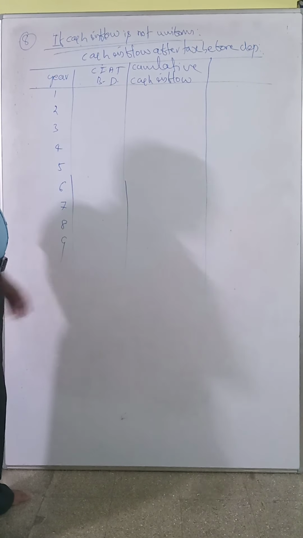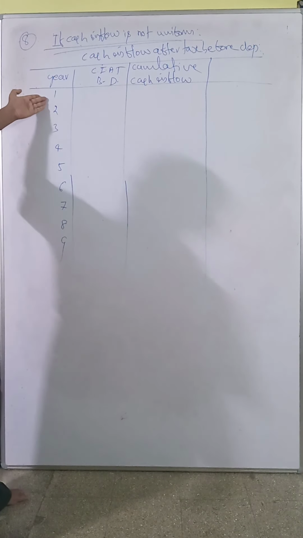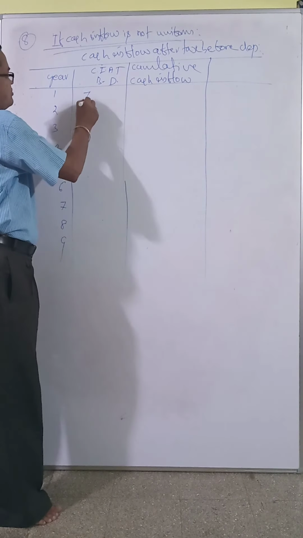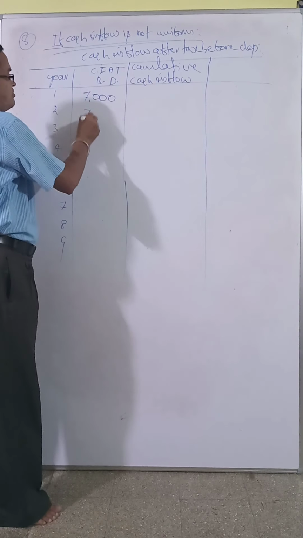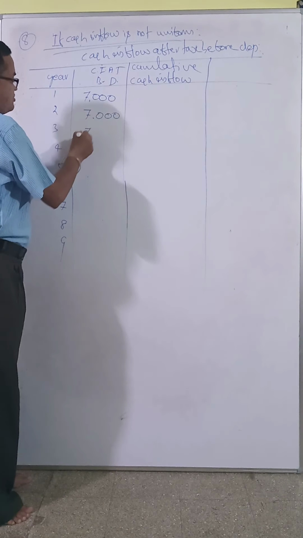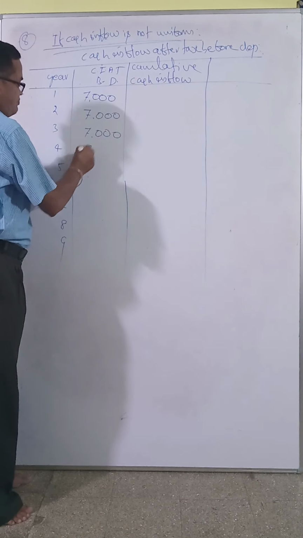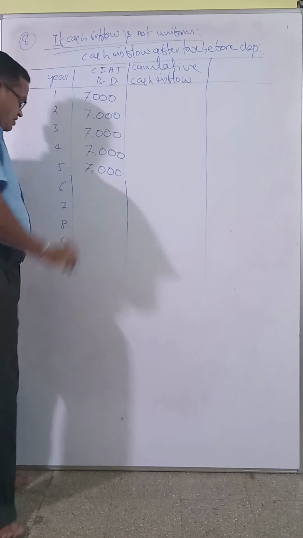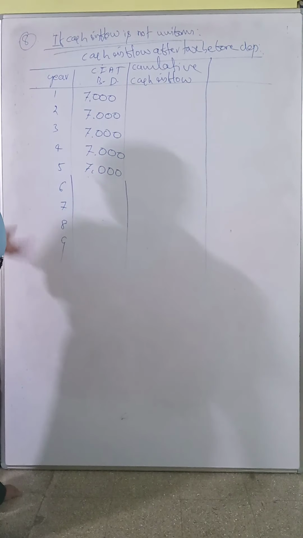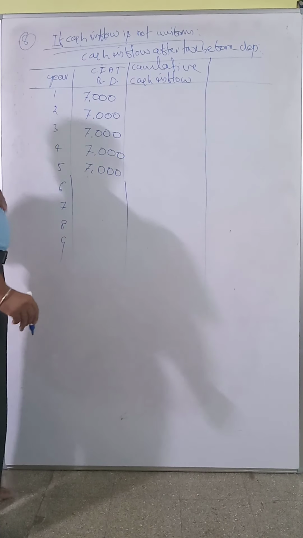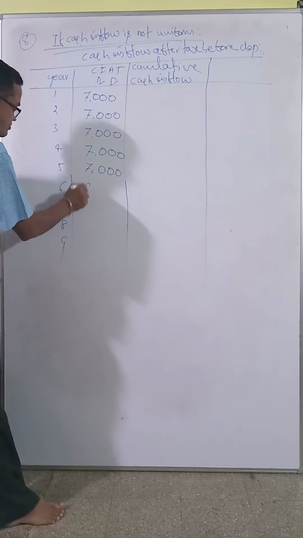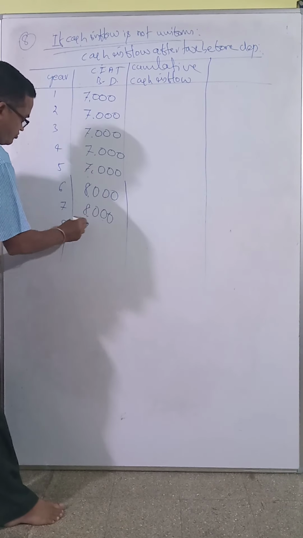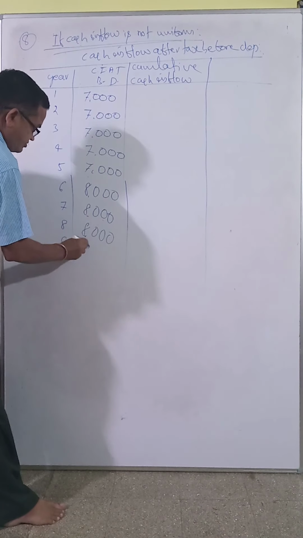Cash inflow from 1 to 5 years is rupees 7,000 each. Then from 6 to 9 years, cash inflow is 8,000 each.